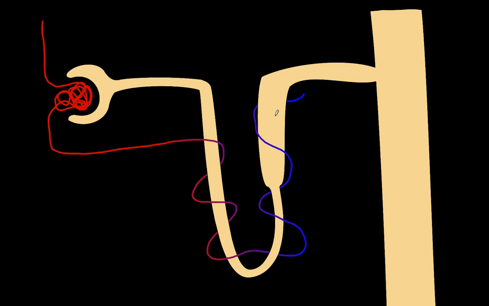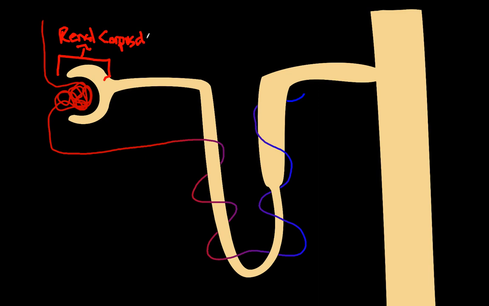Okay, so let's talk about the tubular component here. It really comes in two different sections. We have this part here that includes the glomerulus, but then also the part around this here, which is called the Bowman's capsule. But I'll come back to that in just a second. This is the renal corpuscle.